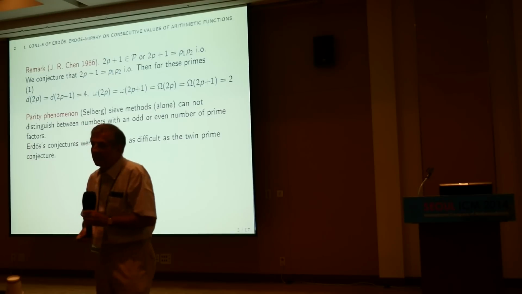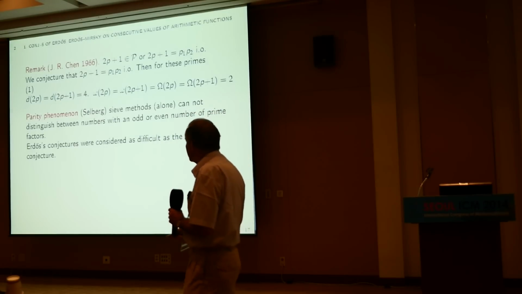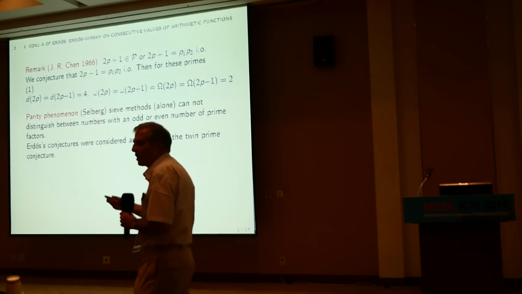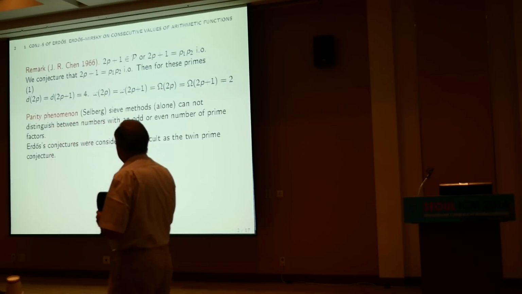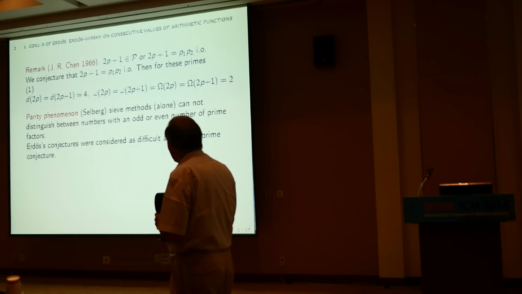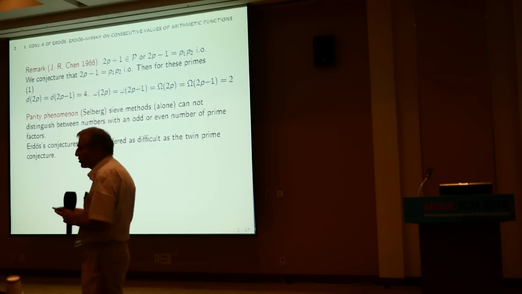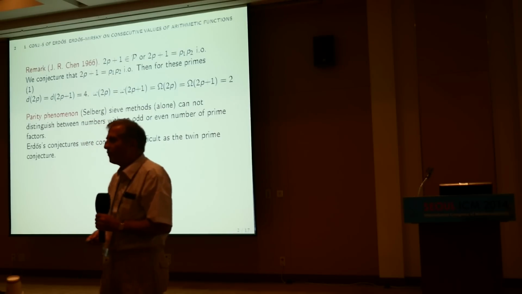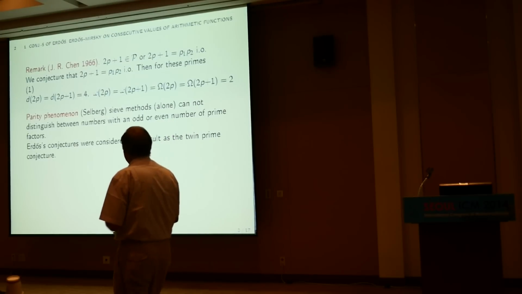But it seemed, and it still seems, that it is the same difficulty to show that p plus 2 is a product of 2 primes infinitely often. Now this is a little bit parallel to this. The primes for which 2p plus 1 is also a prime are called Sophie Germain primes, and the same method gives that for infinitely many primes we have 2p plus 1 either a prime or a product of 2 primes.